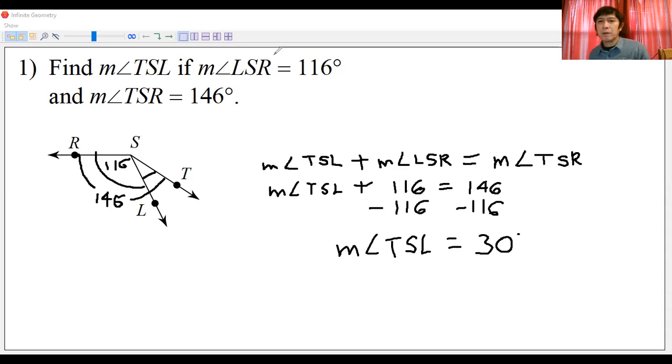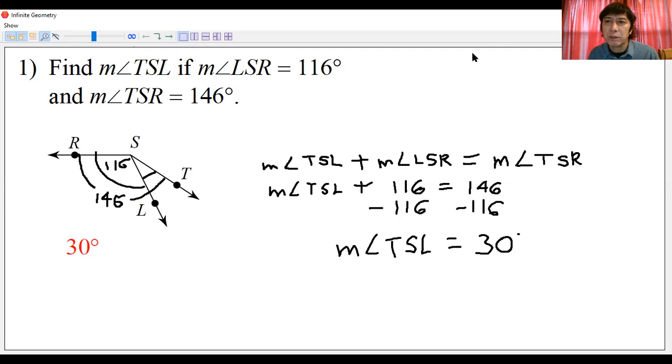That's 30 degrees. And we shall be able to check if the answer is 30. You can see the red numbers there. That's 30. So that's the answer for the first number.